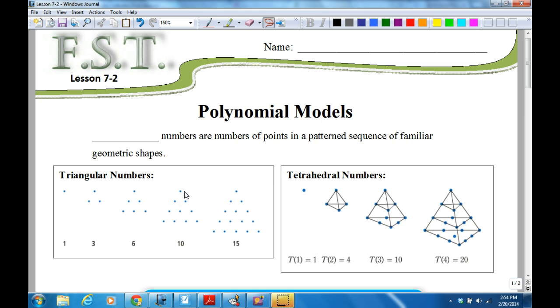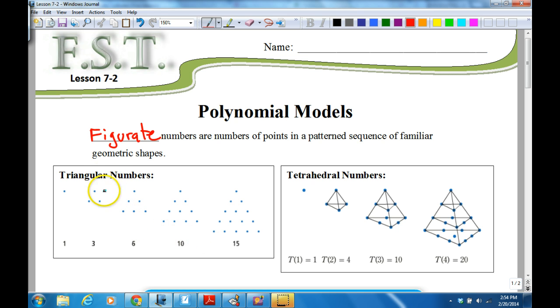All right, so polynomial models. We're looking at section 7.2, and the first word you need to write down here is figurate. Figurate numbers are numbers of points in a pattern sequence of familiar geometric shapes. So notice we're starting with 1 point, then we're adding 2 more points to it, and notice it's staying in which shape?